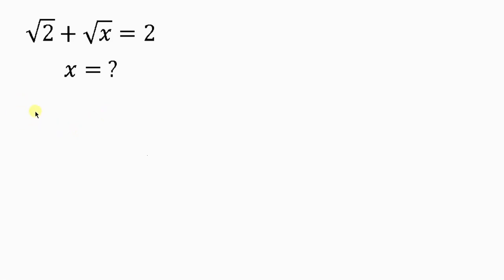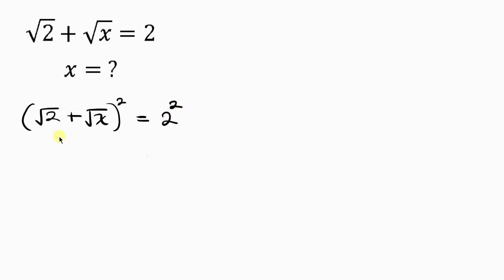So for the left-hand side, I have the square root of 2 plus the square root of x, and I'm going to be taking the square of the left, equal to, for the right-hand side I have 2, and I'm also going to take the square of the right-hand side.